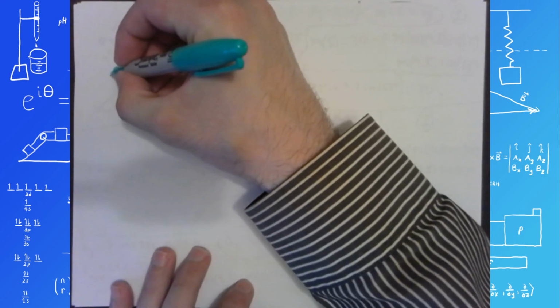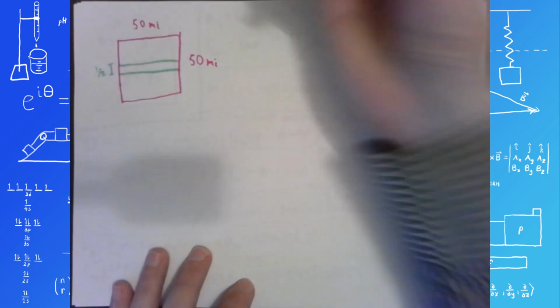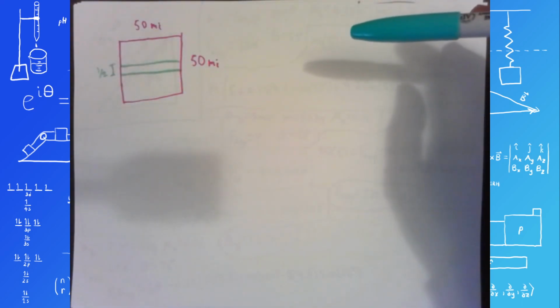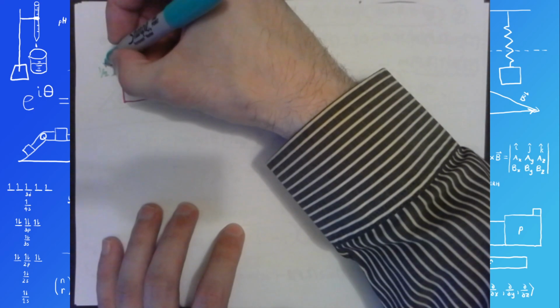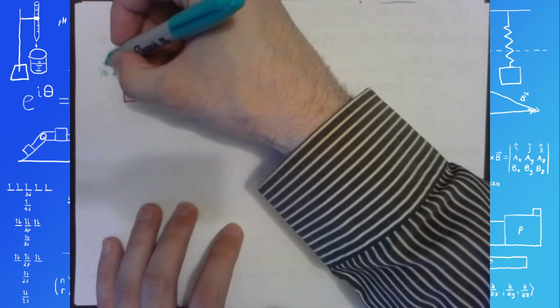Now this thing is supposed to be 1/2 mile wide. Clearly not drawn to scale here, but half a mile wide. It doesn't matter. It's 1/2 mile wide and 50 miles long. So these fire breaks have a defined area.